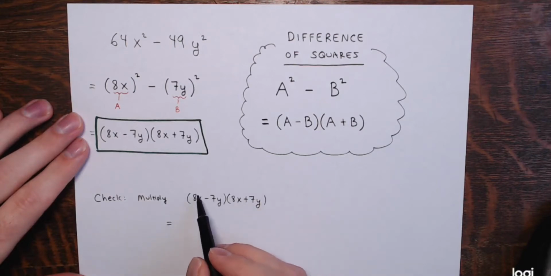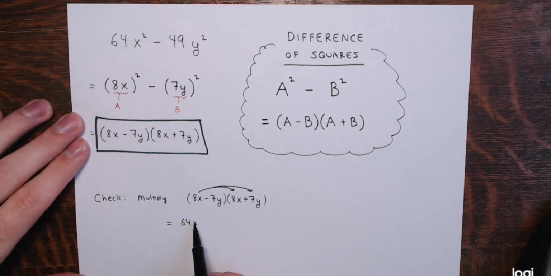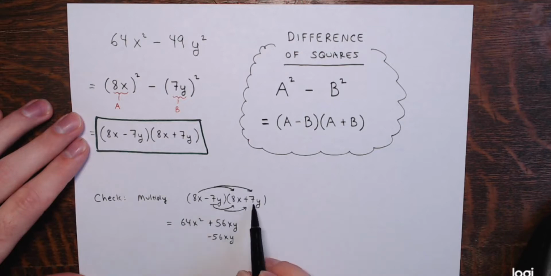First I would distribute the 8x to this 8x plus 7y. That'd be 64x squared plus 56xy. Now I'm done with the 8x, and then I move over to the negative 7y and distribute that. That'd be minus 56xy, and then minus 49y squared.